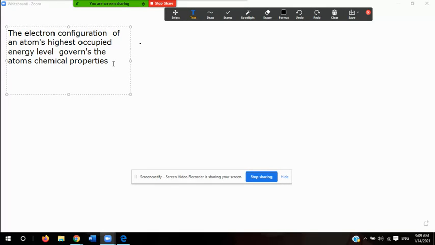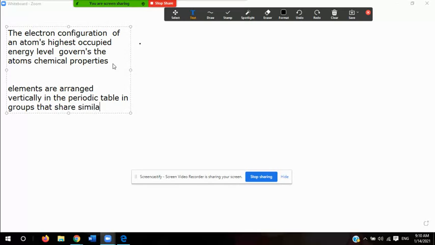So again, elements are arranged vertically in the periodic table in groups that share similar chemical properties.